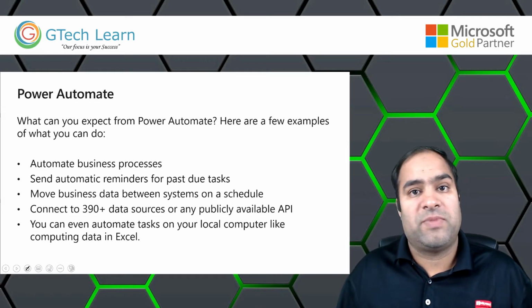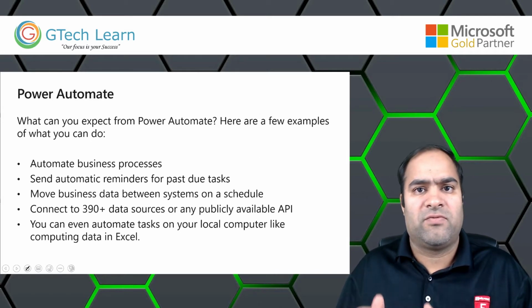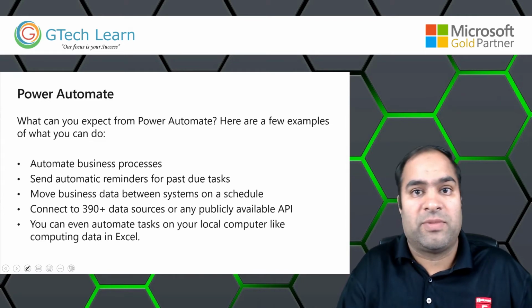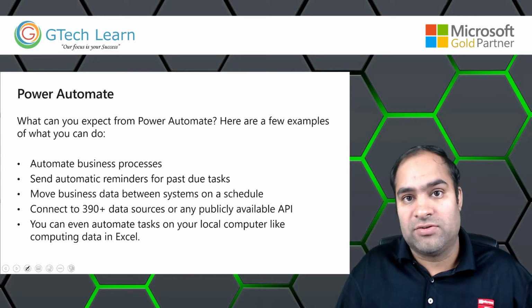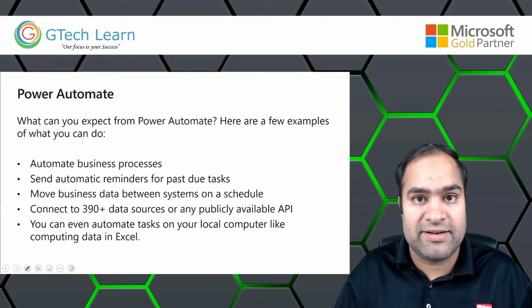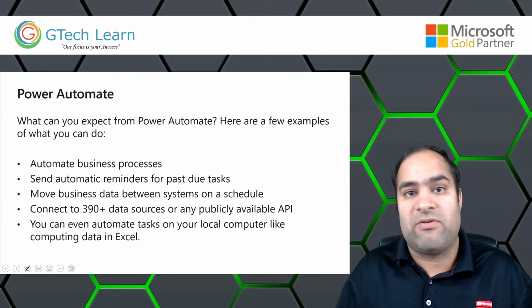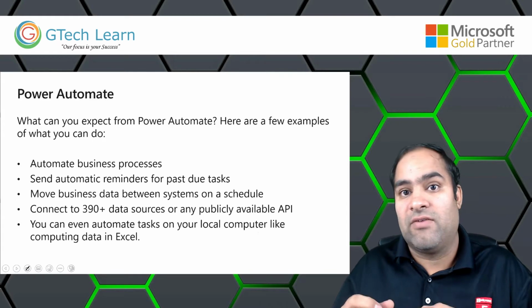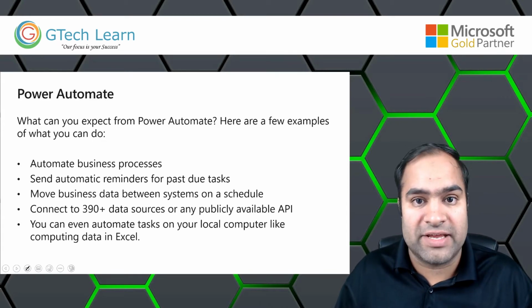So when you talk about Power Automate, it is first of all one of the major pillars of the Microsoft Power Platform structure. There are four major sections there. You have Microsoft Power Automate, Microsoft Power Apps, Microsoft Power Virtual Agents, and Microsoft Power BI for enhanced visualizations, dashboards, and reporting.